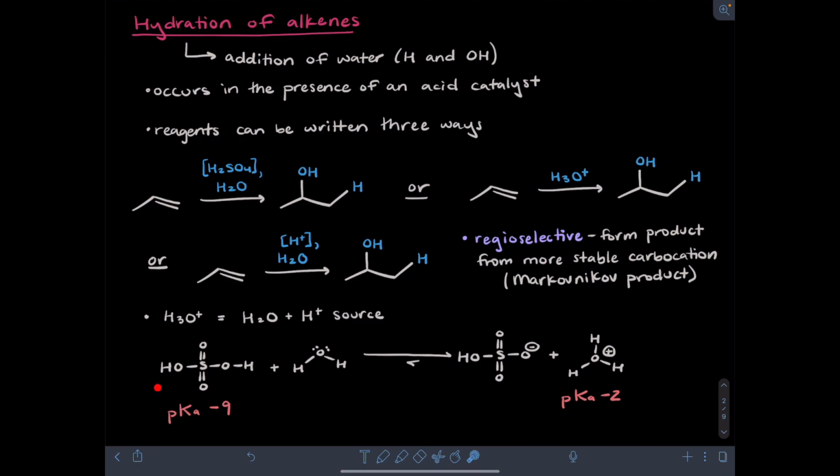Looking at the pKa for sulfuric acid compared to that of the conjugate acid, H3O+, H3O+ is a significantly weaker acid, and the equilibrium would heavily favor the product side. So even if you started out with sulfuric acid and water, immediately you would form H3O+. And so we're always going to draw our acid catalyst as H3O+.